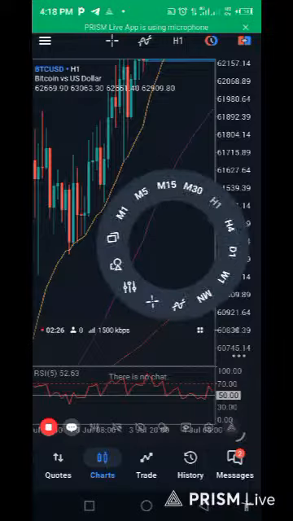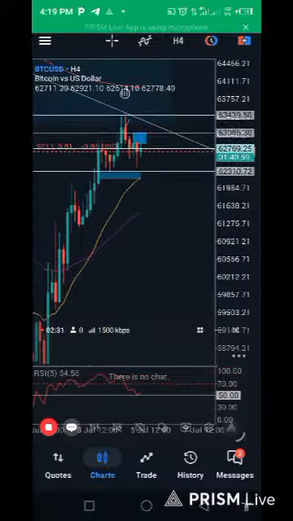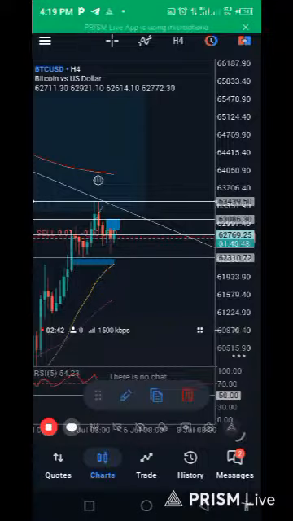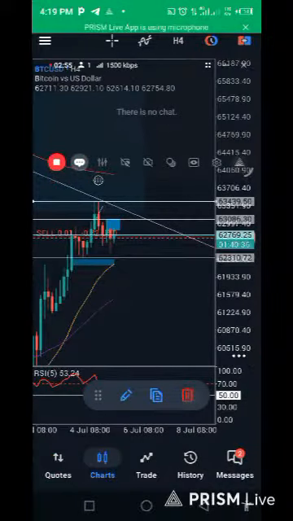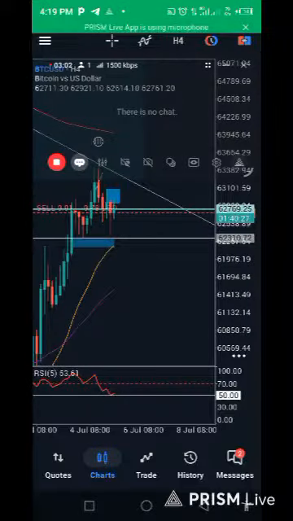Let's go to a 4-hour time frame. So where is the next break of structure going to happen?